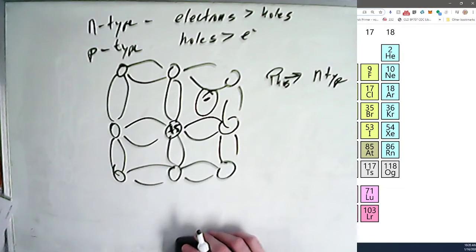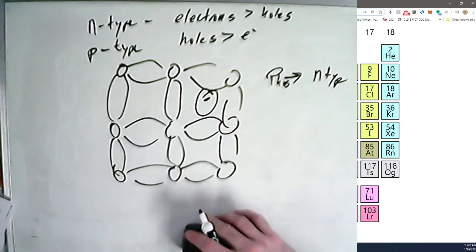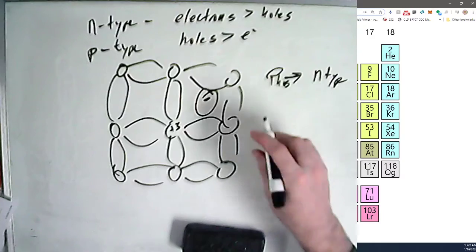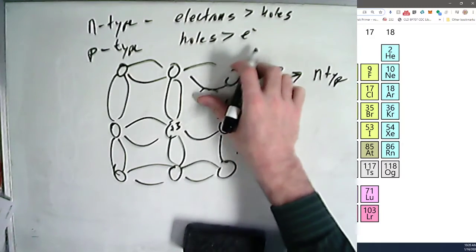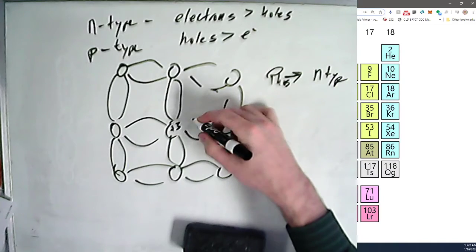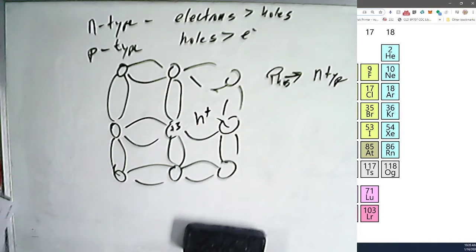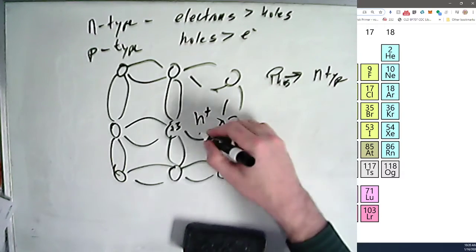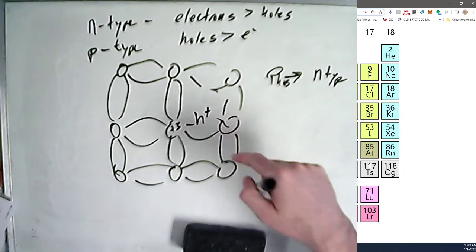We can also dope a separate piece of silicon with something that's valence 3. That means we're going to be missing an electron, a gap right there, which I'm going to call H+. We have an extra hole. There's a gap there. One of these has an electron on this side, but not on the other.